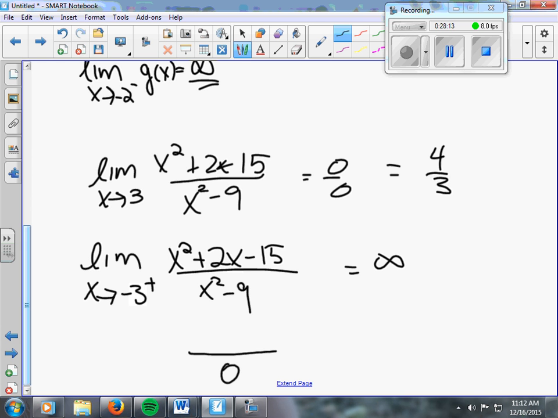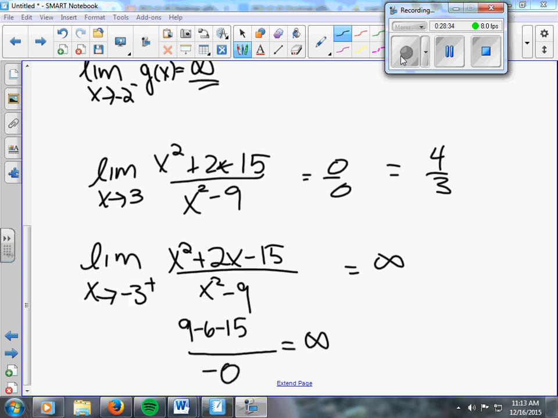And if I'm approaching -3 from the right, that would be something like -2.9. Squared is not as big as 9, so this is a negative. -3 from the right, -2.9. Yeah, that's a -0. And then you can evaluate the top and figure that out as well. Okay, I went ahead and figured that out. You should get positive infinity.